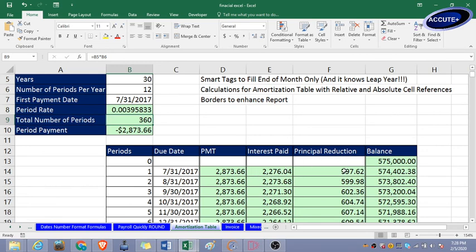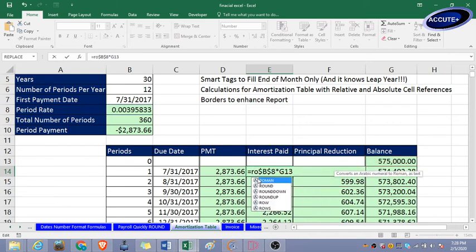So our principal reduction, okay, there it is. What we can round off is our interest paid. So we can round off our interest paid by saying ROUND, then we are rounding it off to two decimal places, close it.